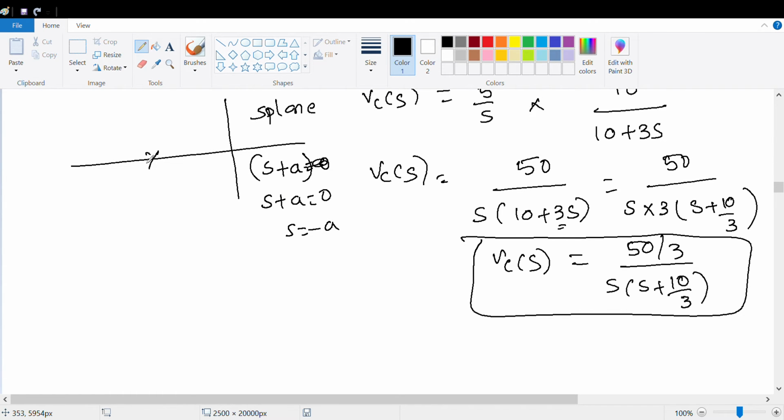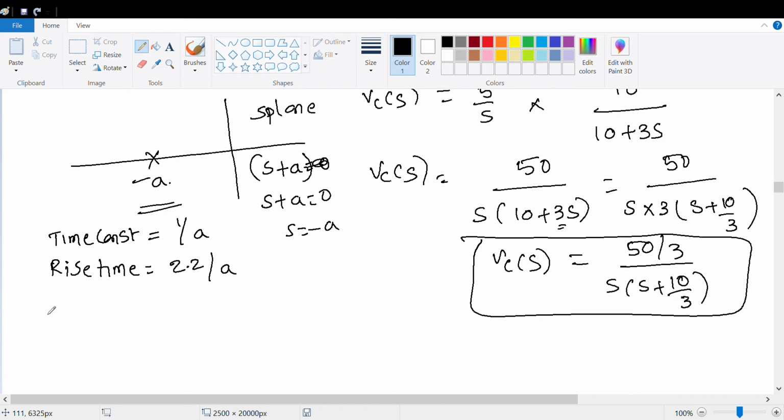In the S plane it is minus a, and this is called a first order system. For this, the time constant is 1 by a, the rise time is 2.2 by a, and the settling time is 4 by a.